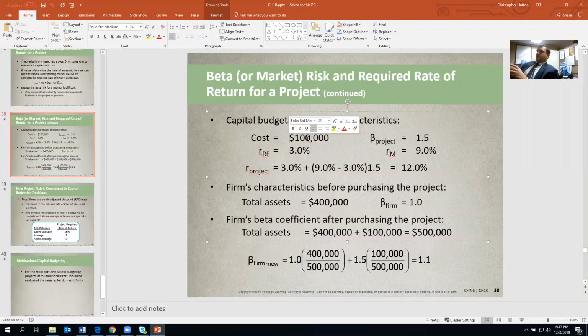That's this cost and then the total assets. Total assets after purchasing the project are these two added together, because you're adding $100,000 worth of assets in, so total assets after are going to be 500,000.